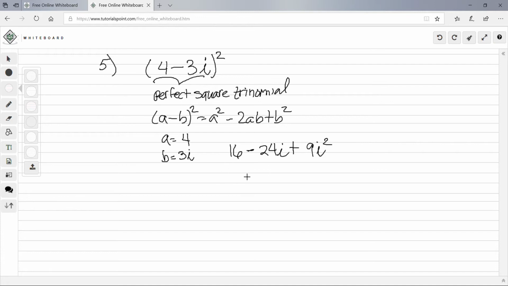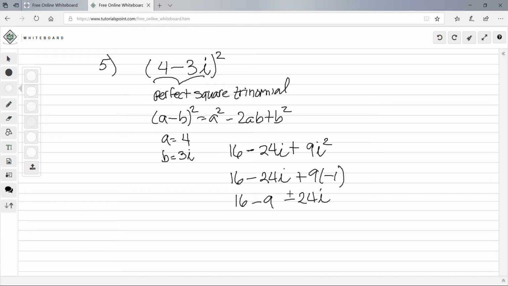So let's clean this up. We know i squared is just negative 1, so 9 times negative 1 is negative 9. So we have 16 minus 9 minus 24i. Let's clean it up.